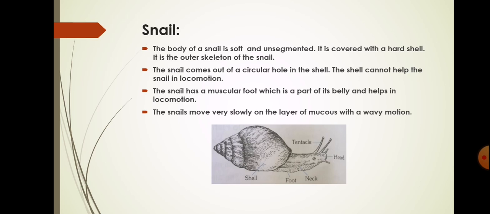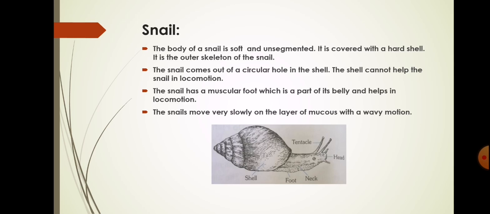It is a very slimy part, and because of this slimy, muscular foot the snail is able to move, to walk. So we can say that the muscular foot, which is a part of the belly, helps the snail in locomotion.